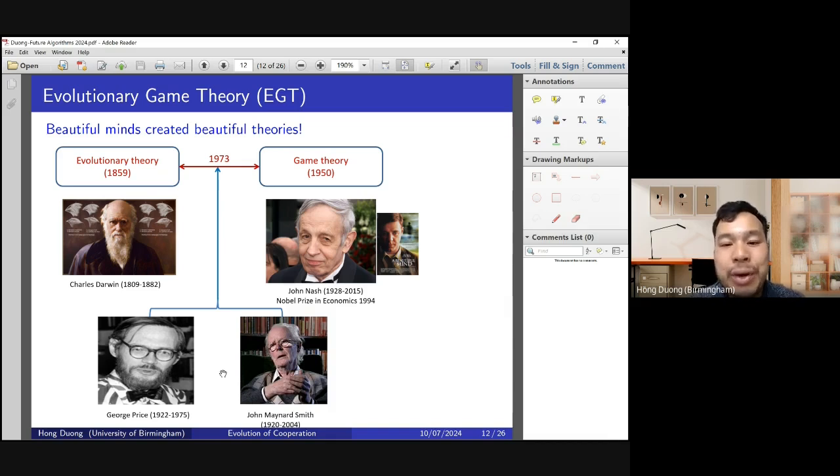Here I mention John Nash, who obtained a Nobel Prize in economics for his contribution in this direction. You might know him from a very beautiful movie, A Beautiful Mind. Evolutionary game theory was introduced by George Price and John Maynard Smith in 1973 by combining Charles Darwin's evolutionary theory and game theory. So they combined two theories together to make a new theory.